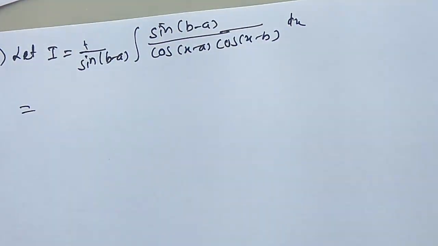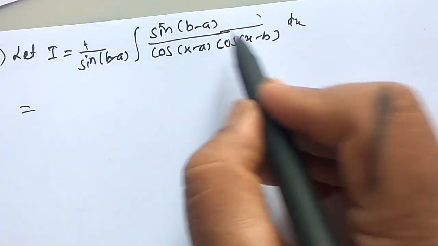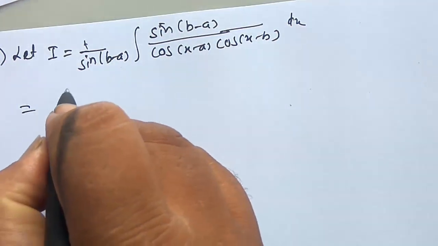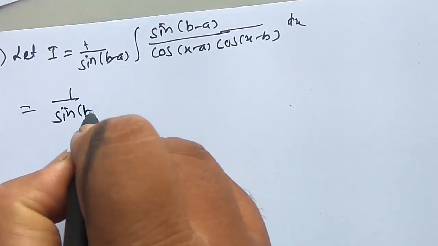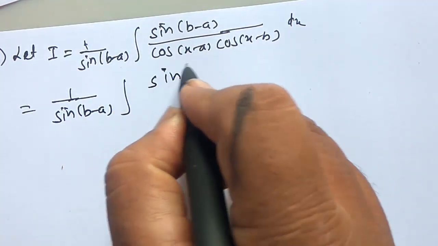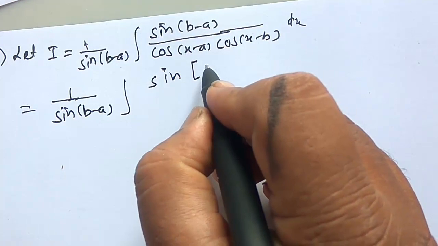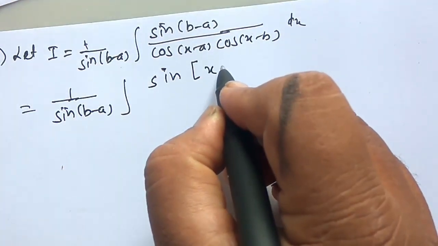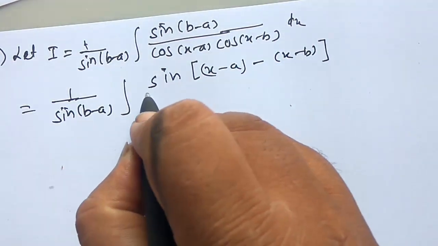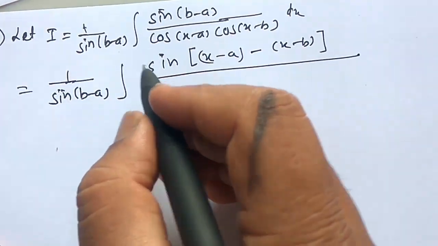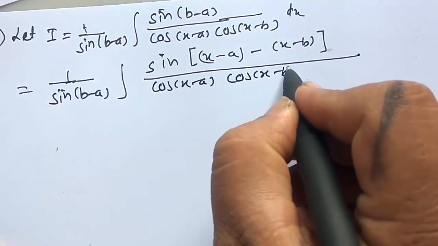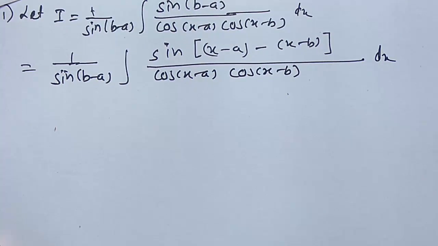I subtract x and add x in the argument of the sine. So, I is equal to 1 upon sin of (b minus a) into integration of sin of ((x minus a) minus (x minus b)) upon cos of (x minus a) into cos of (x minus b) dx.